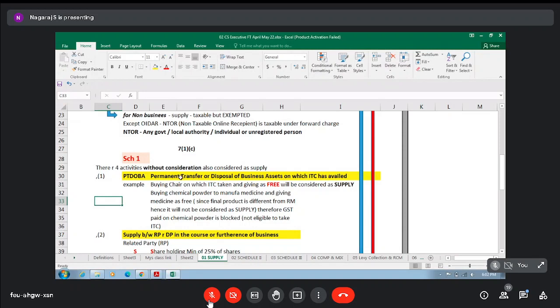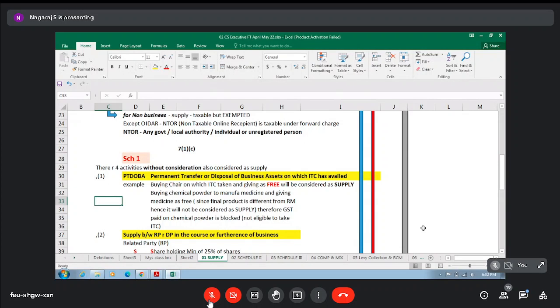Okay. Permanent transfer or disposal of business assets on which ITC has been availed. What they are saying? Permanent transfer or disposal of business assets on which ITC has been availed. ITC means input tax credit. Okay.